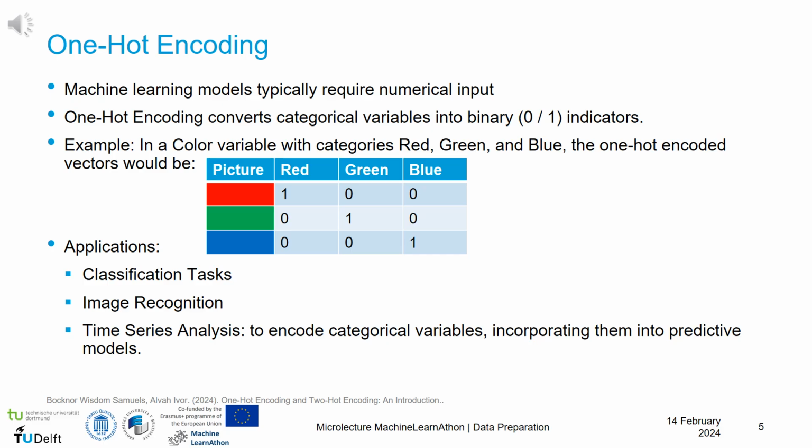So for example, if you have a dataset that includes observations from products, usually you would have one table that says color, and then in this column of color you would have written red, green, or blue. Then it's difficult for some machine learning algorithms to process the information in that format. What you can do instead is so-called one-hot encoding.